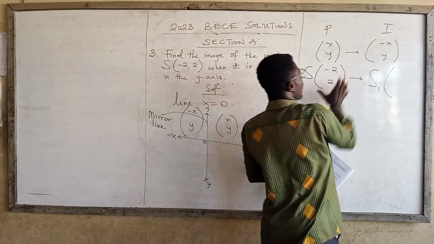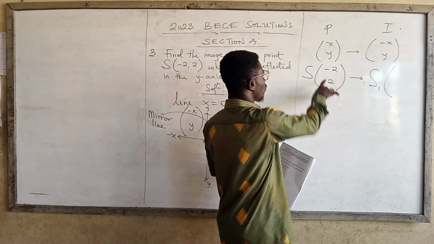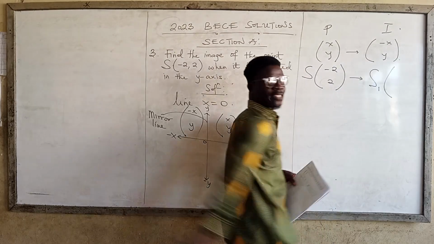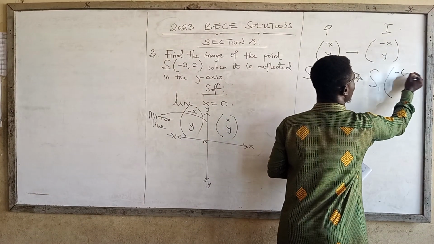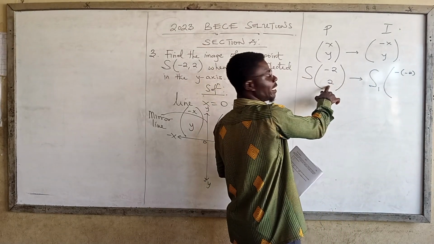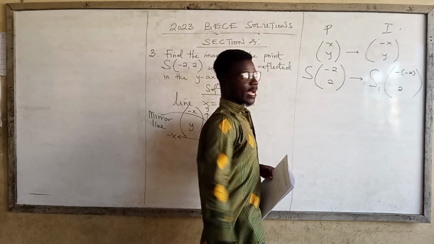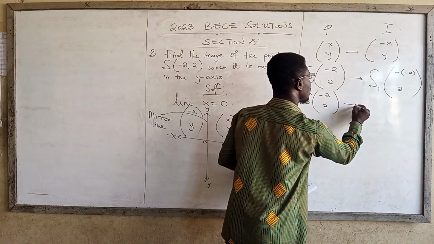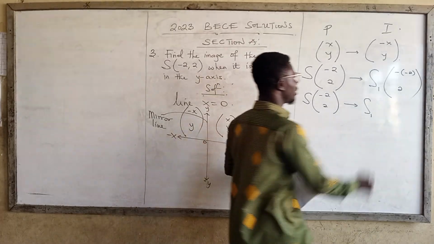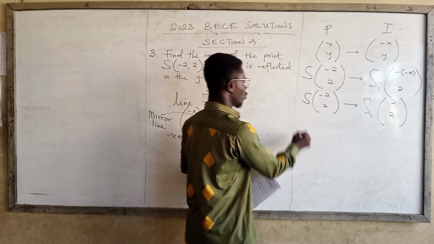I want to make this look like the image. The x-coordinate becomes negative x, so negative multiplying negative 2 gives positive 2, and the y-coordinate, positive 2, is maintained. So my point S (negative 2, 2) maps onto (2, 2).